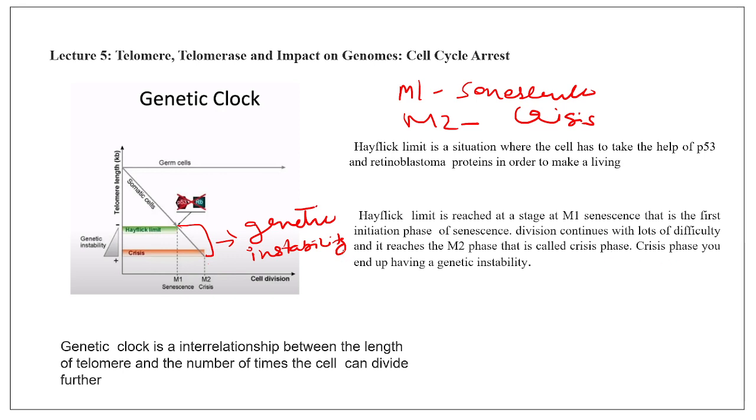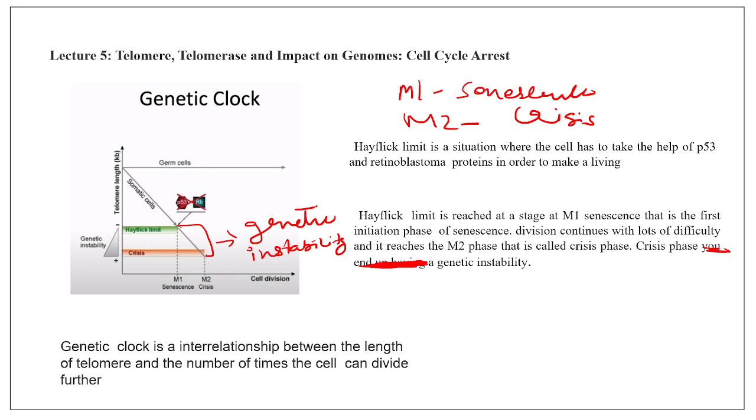In the crisis phase, there is genetic instability. So this genetic clock is nothing but an interrelationship between the length of the telomere and the number of times a cell can divide further.